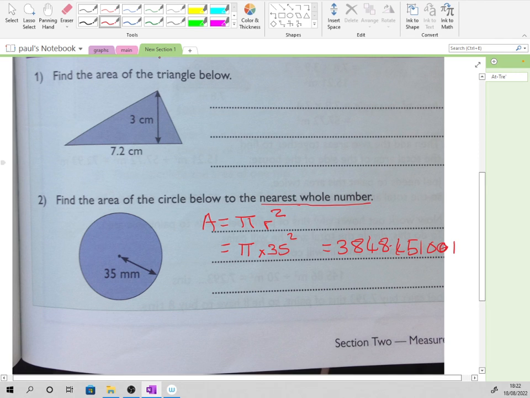And to the nearest whole number, that's a 4, believe it or not, because it's less than 5. We just ignore all the decimal points here, and so we're going to get an answer of 3848 millimeters squared. So, circles. That's how to find the area of a circle.